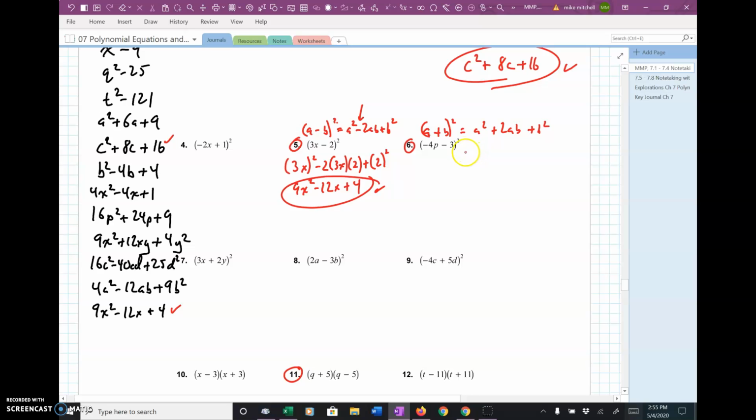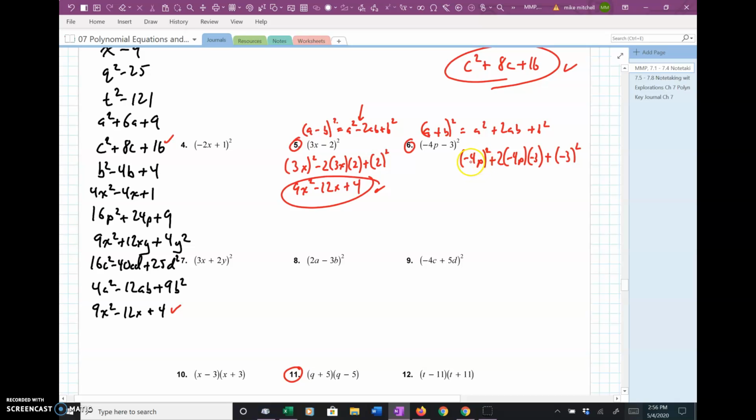So my a is negative 4p, so that's negative 4p squared plus 2 times negative 4p times negative 3. And then plus, what do we got there? B squared at the end, so that's going to be negative 3 squared. Everything's going to turn out positive here, it looks like.